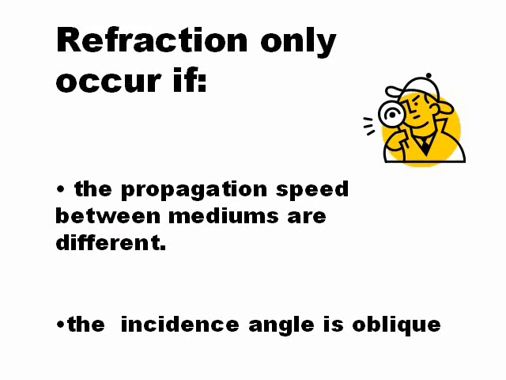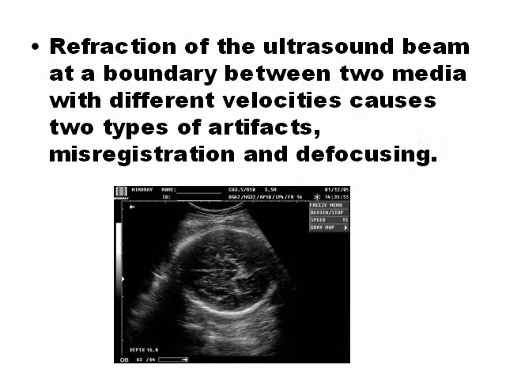Refraction produces a change in the direction of the pulse, and when that happens, the ultrasound is not straight. Refraction of the ultrasound at a boundary between two media with different velocities causes artifact, misregistration, and bad focus.